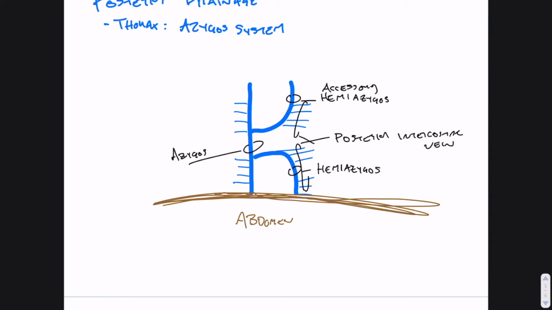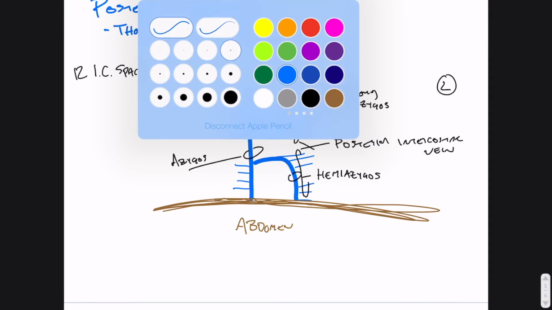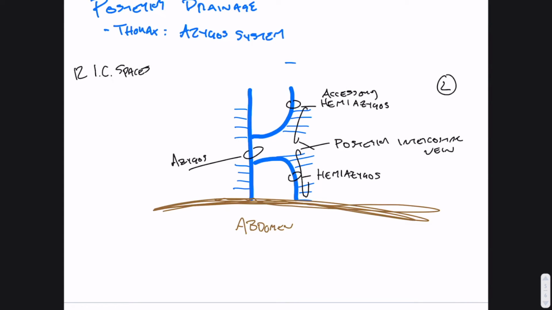So we have to remember there's 12 intercostal spaces, and each space is going to have its own vein, artery, and nerve. So far, if we count what we have here on this left side, we only have 10. So we have to have 2 more veins that are going to be draining. So what the left side has is this little nub up here, which is not connected to the azygos vein at all.